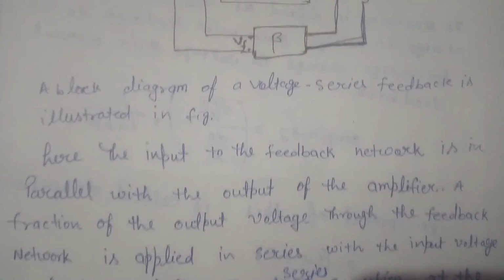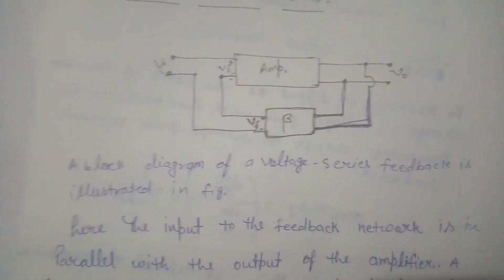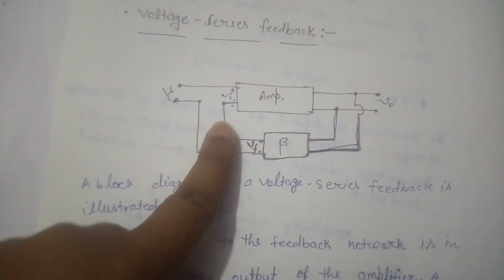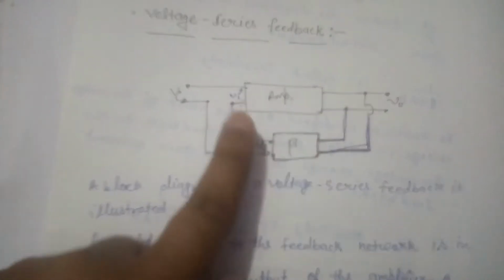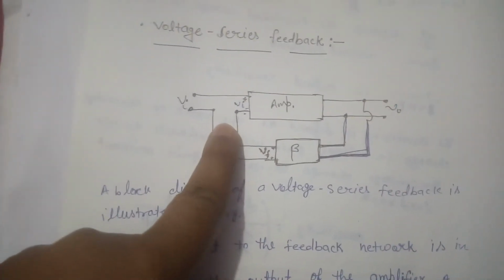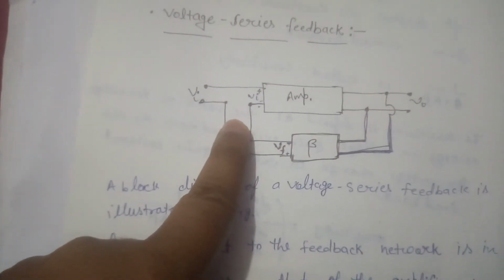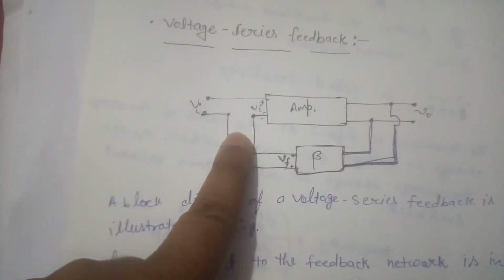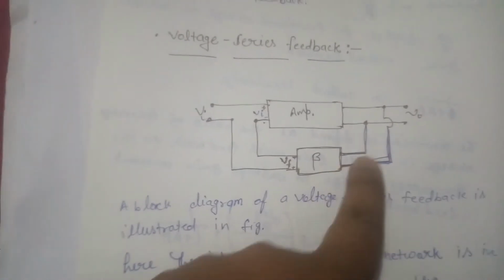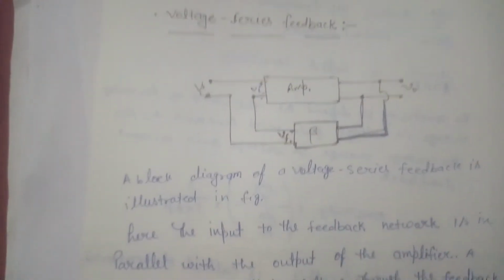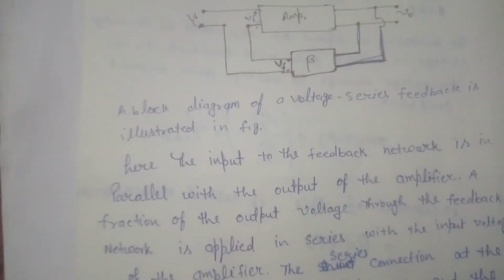If we connect the network in series with the input, it is voltage, and if we connect it in parallel, this is also denoted as voltage.